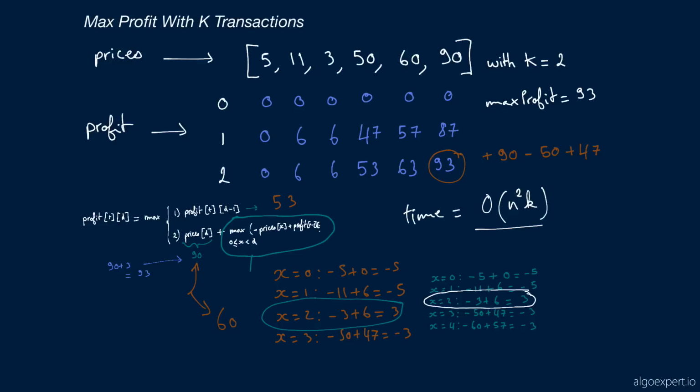This max here is 3. We store that. And then when we get to the 93 and we want to generate the 93, we just calculate the last one, the x equals 4 thing, which gives us negative 3. And we compare that to the stored maximum value that we had previously, which is 3.